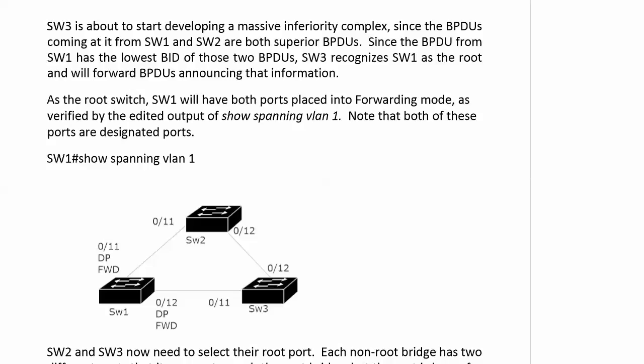So now we've got a couple of port assignments, because as the root switch, switch 1 is going to have both ports placed into forwarding mode. I'm going to show you the output of show spanning-tree VLAN 1 from the lab. And both of these ports, you'll notice, are designated ports.